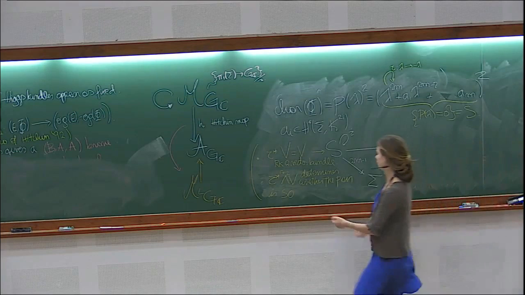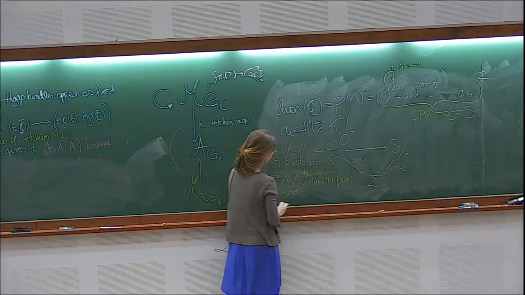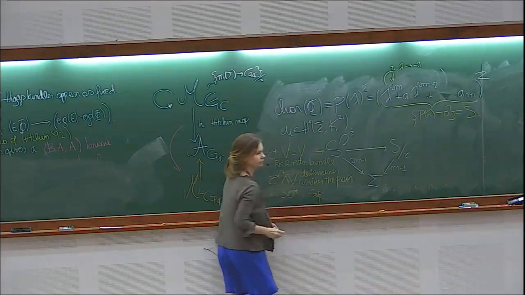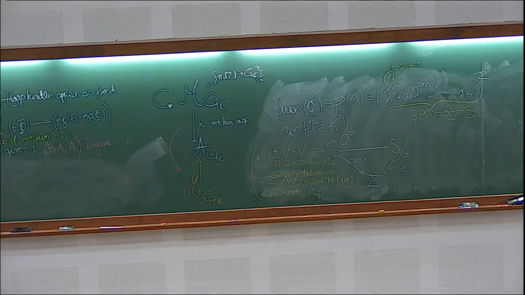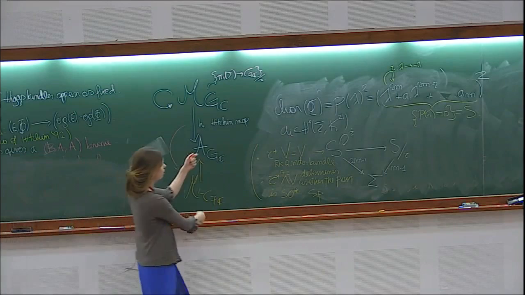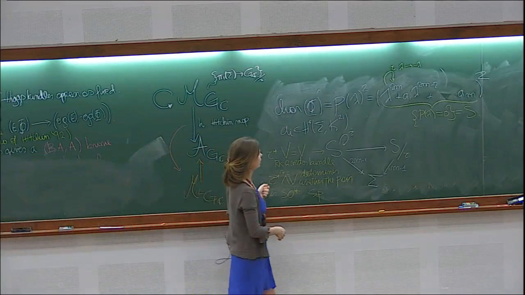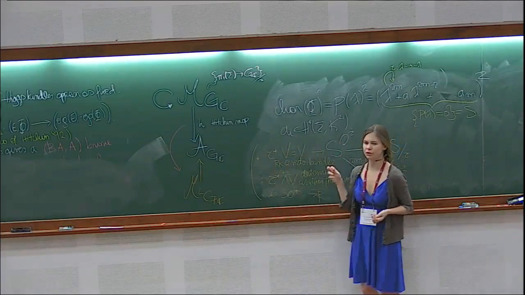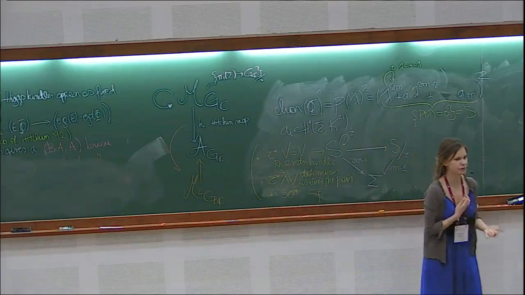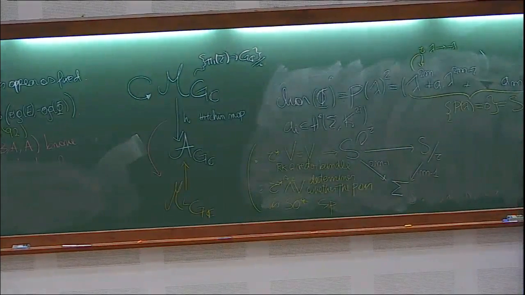So depending on this, you'll get SO star or Sp, if it acts as plus 1 or minus 1. And that's how you figure out what the spectral data is for each of the groups. And then you can ask, okay, the definition is not that nice. It's rank 2 vector bundles which are semi-stable, preserved by an involution, and acted on in a certain way by the involution on the determinant. It's quite complicated. It's not as neat as the Jacobian.